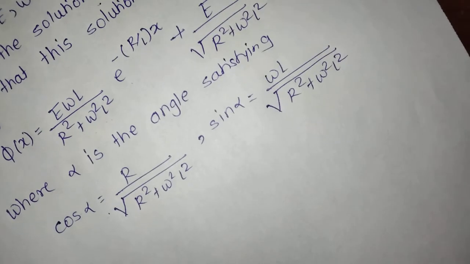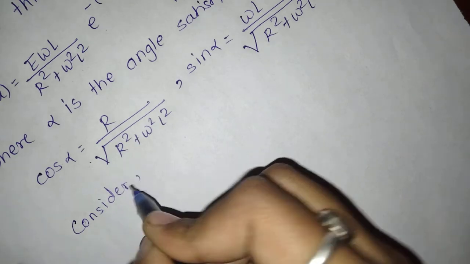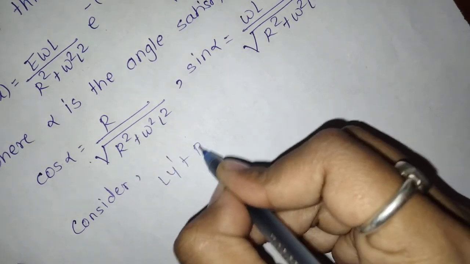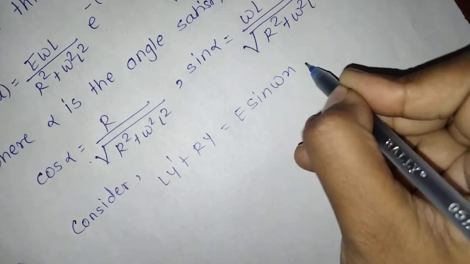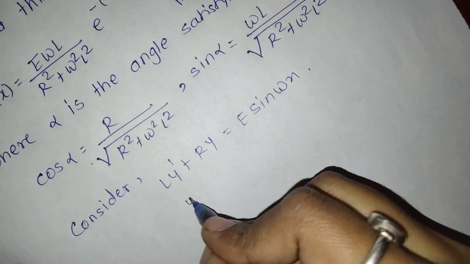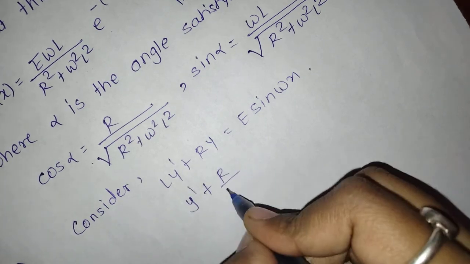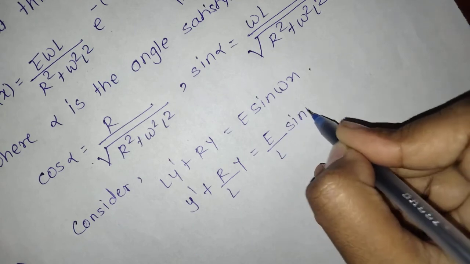First, consider the given equation L y' plus R y is equal to E sin Wx. Now divide L on both sides, we get y' plus R upon L y is equal to E upon L sin Wx.